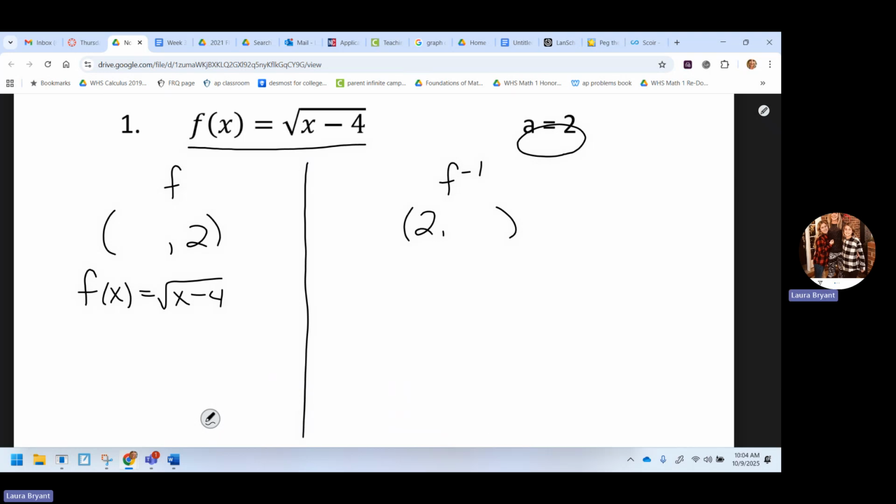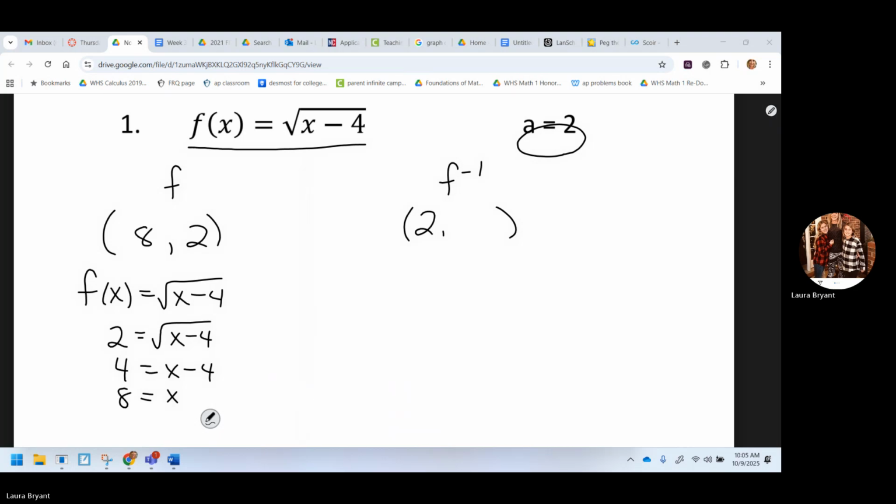Okay, so I'm going to plug in 2 for Y. And I'm not doing a derivative yet. I'm still just trying to work out the coordinate. This is probably the hardest part. Square both sides. Add 4. So I'm able to then figure out what the coordinate is.